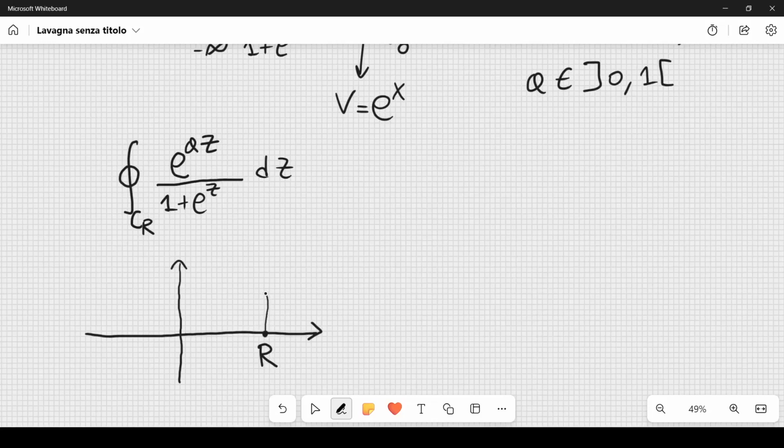Then we have another vertex here of a rectangle. So I'm going to define a rectangle like this.